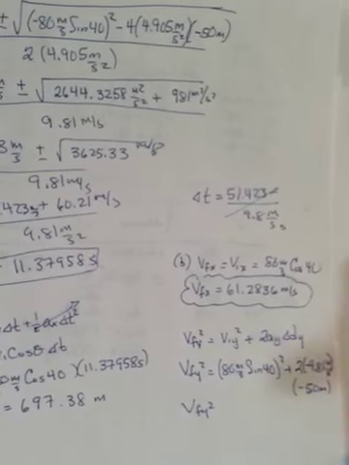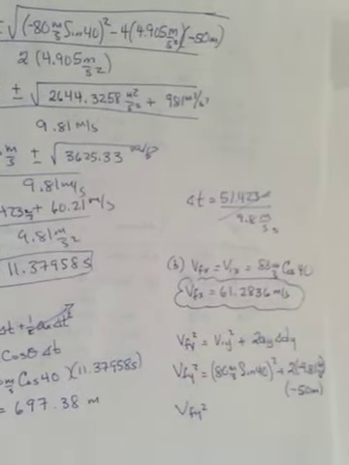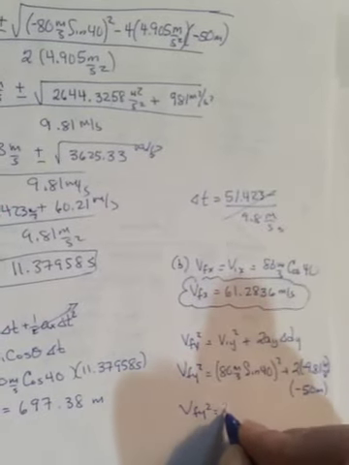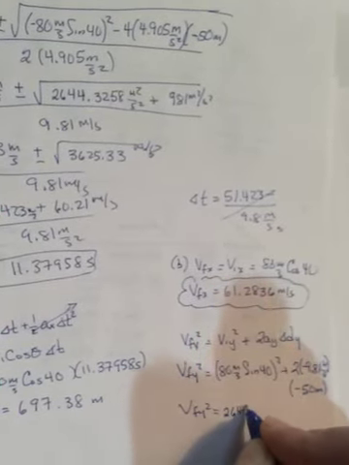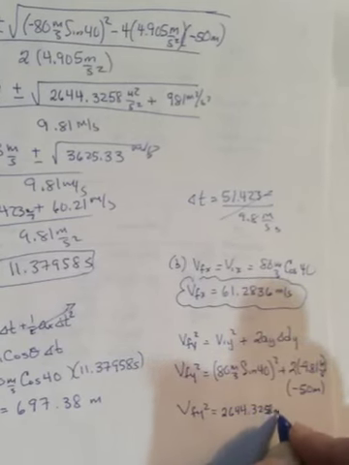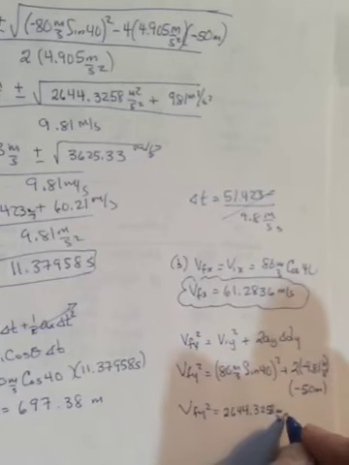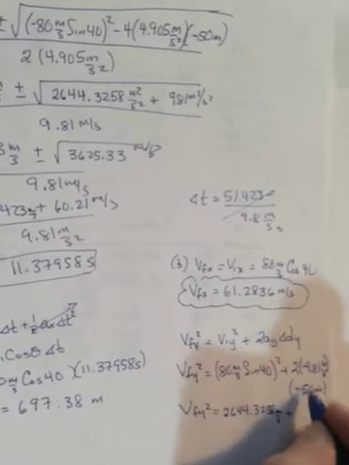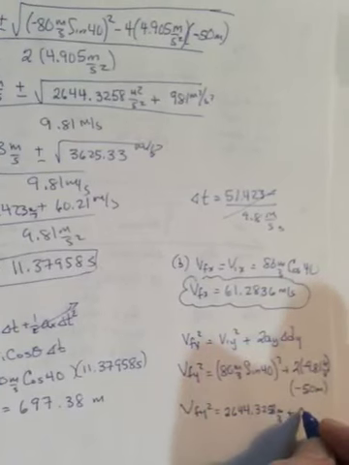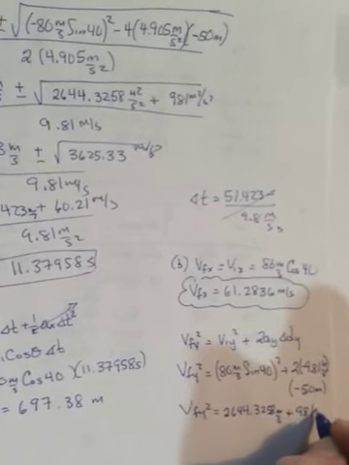So this squared is 2644.3258, etc. meters per second. Negative and negative will be positive 109.81, 109.81.